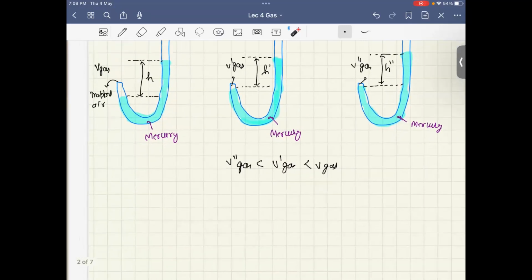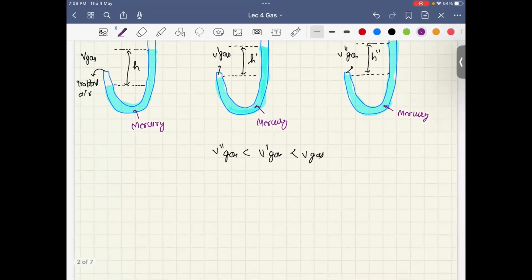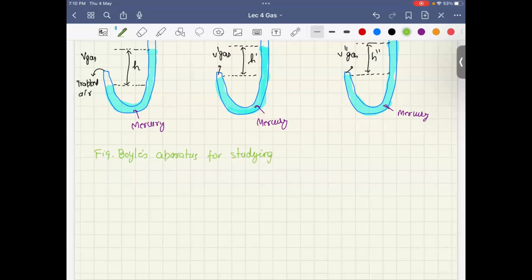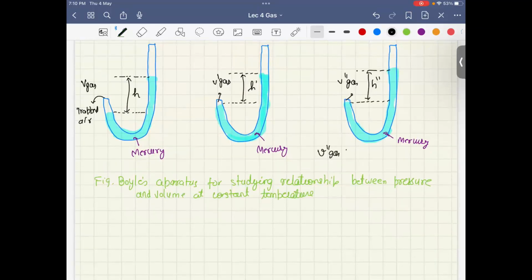Right? So let us give a name to this figure. This is Boyle's apparatus for studying the relationship between pressure and volume at constant temperature. V'' of gas is less than V' of gas.